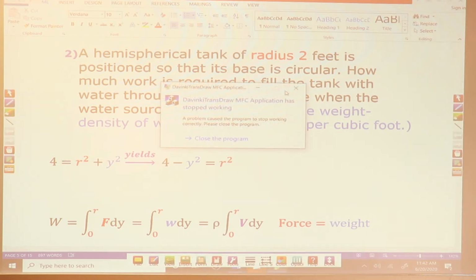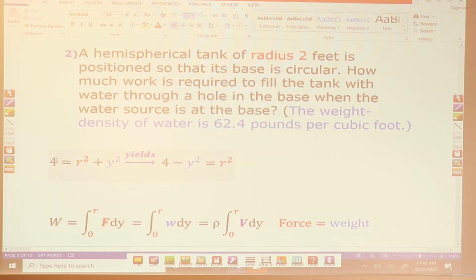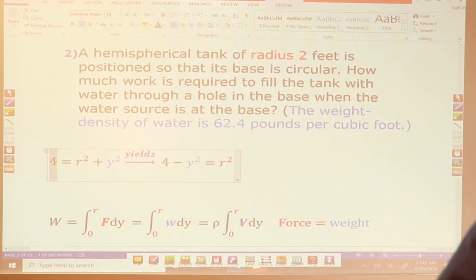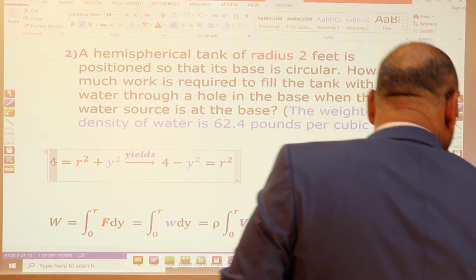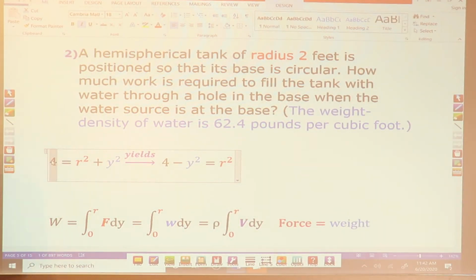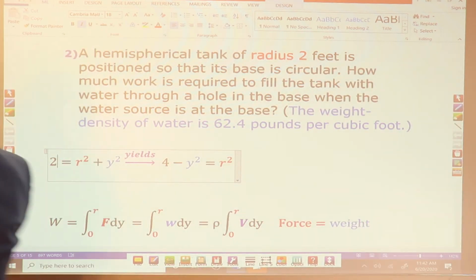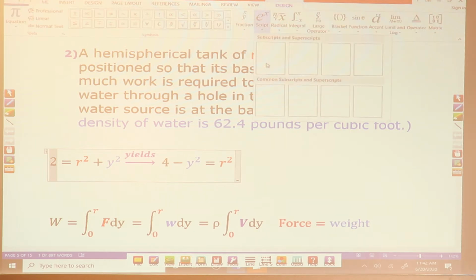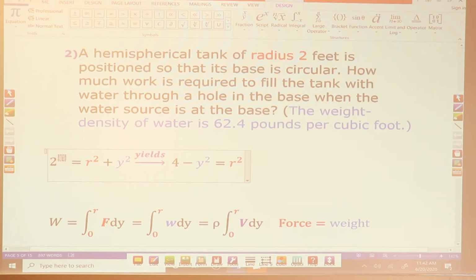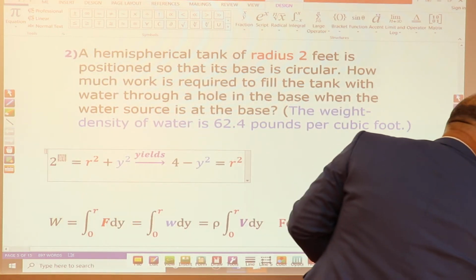Here I can make it 2 squared from my radius. That makes this equation. Now you know how to make the equation with 2 squared, which gives you the form.